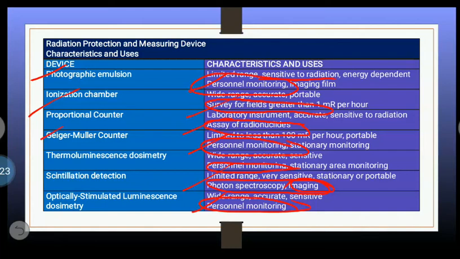We also have the proportional counter, a laboratory instrument that is accurate and sensitive to radiation, used to measure the presence of radiopharmaceuticals. Next, the Geiger-Müller counter is limited to less than 100 milliröntgen per hour, portable, used for personal monitoring, and also for stationary monitoring.